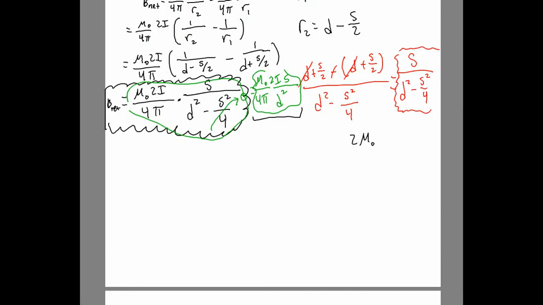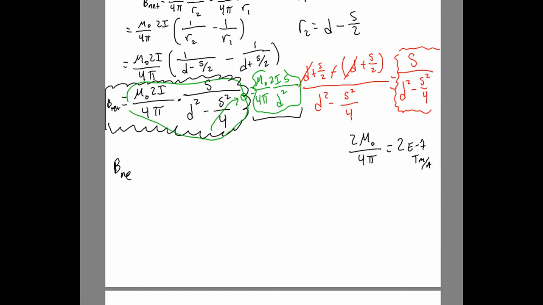But I'm going to use this approximation. 2 mu naught over 4 pi equals 2e to the negative 7, because of the fact that mu naught over 4 pi equals 1e to the negative 7 Tesla times meters per amp. So multiplying it by 2 would be 2e to the negative 7 T m/A.